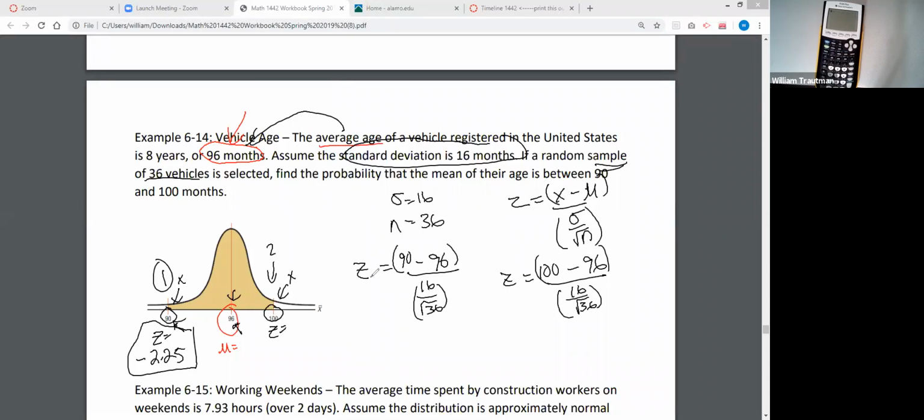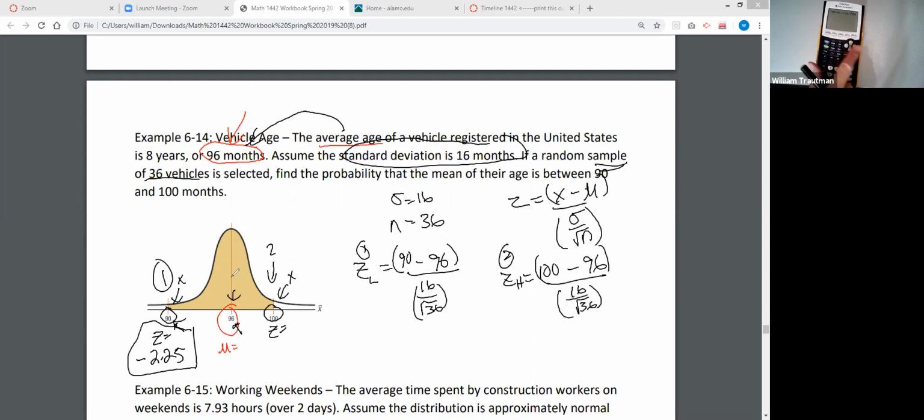So let's try the next one. This is the Z low value, or the first one. This is the Z high value, or the second one. The value, once again, parentheses, 100 minus 96, close parentheses, divided by parentheses 16 divided by the square root of 36, and I arrow over.